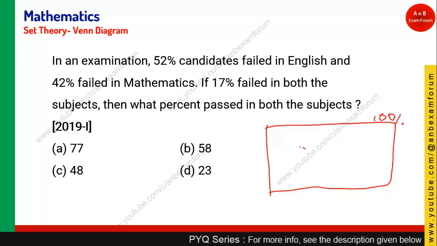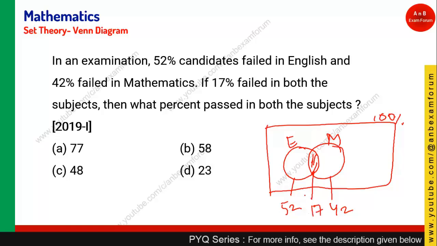You have 2 sets: first one is English, second one is mathematics. English fail percentage is 52%, math is 42%, and 17 represents those who failed in both maths and English.